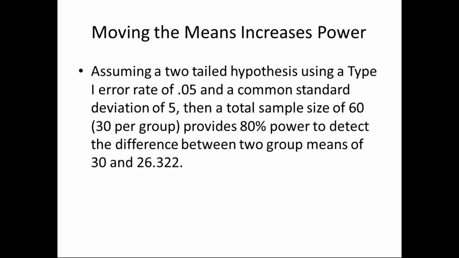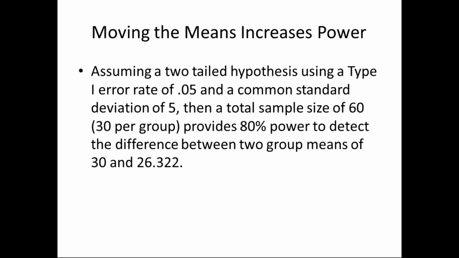So, what if I wanted to play the game? I can play this game. Moving the means increases the power. I pulled them further apart. I actually told the calculator, all right, stop. You tell me, calculator, how far do I move the means apart to get to 80% power under these assumptions? It did.